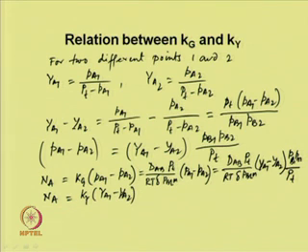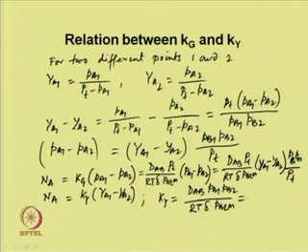So, we can write Ky is equal to dAB Pb1 Pb2 divided by RT delta Pb-Lm. So, we can write Kg into Pb1 Pb2 divided by Pt.